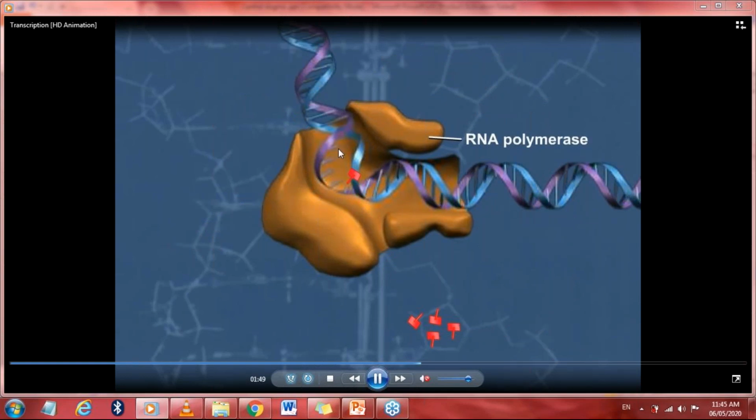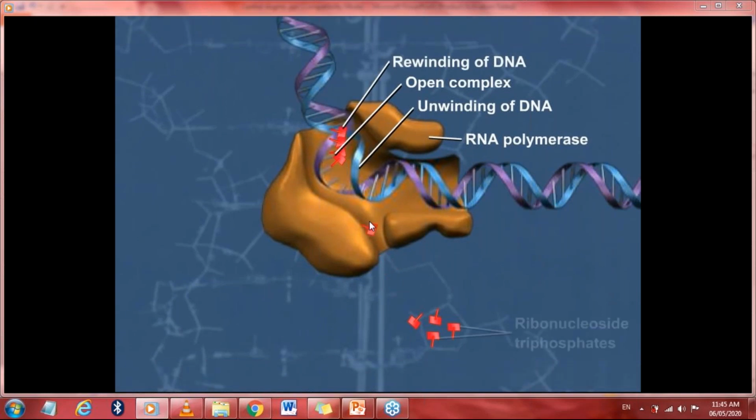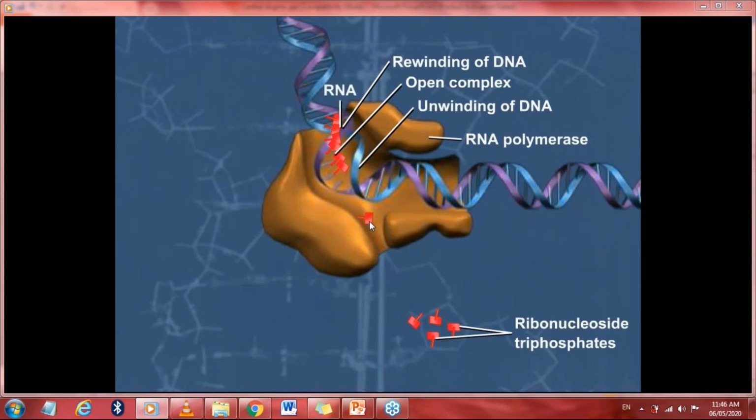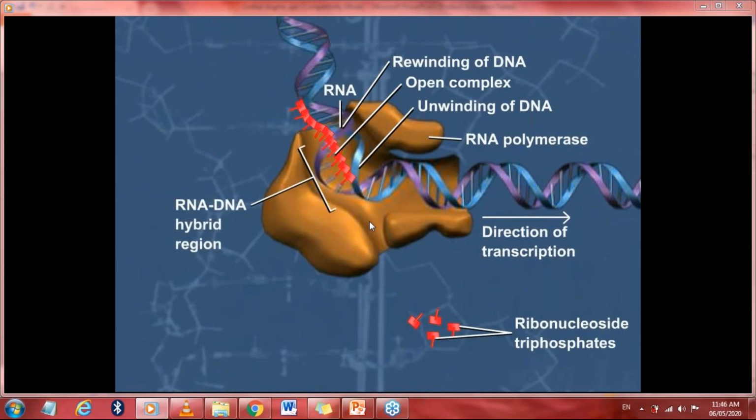After unwinding, new ribonucleotides will come together and make a new messenger RNA molecule. This process continues until the RNA polymerase reads a stop codon or termination codon. When it does, our transcription process suddenly stops.